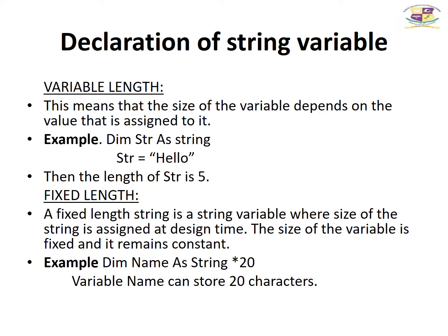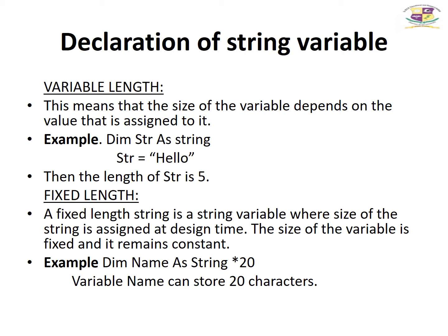Declaration of string variable. There are two types: variable length and fixed length. In variable length, the size of the variable depends on the value that is assigned to it. For example, DIM str AS String and str = "hello". This indicates that the length of the string is 5. The next is fixed length.